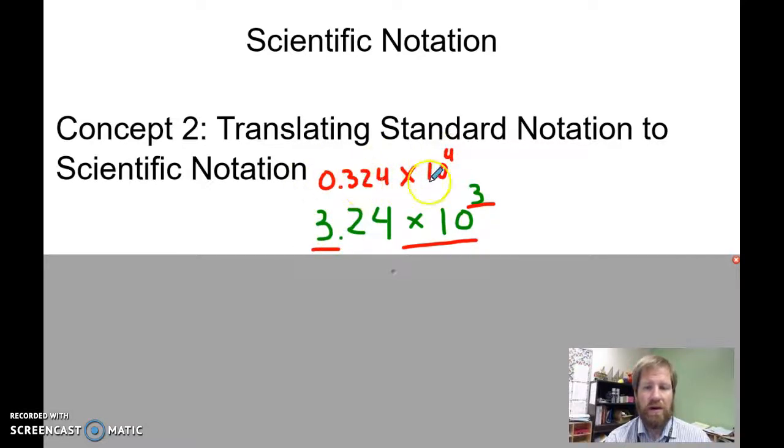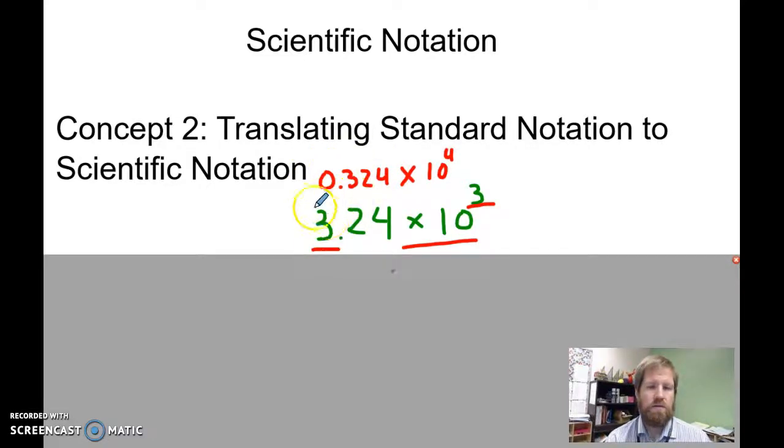And when I do the math, it would actually come out to the same number, but that would be an incorrect scientific notation. Okay? Scientific notation has to have one value between 1 and 10 to the left of the decimal. Okay? And it can't be 10. If it was 10, you'd just move the decimal over and have it be 1.